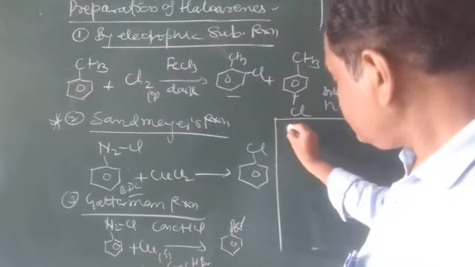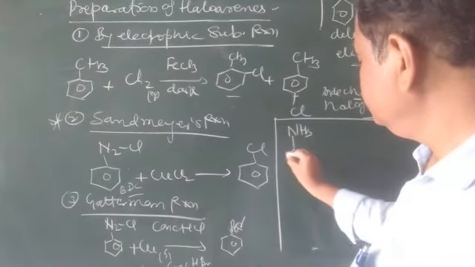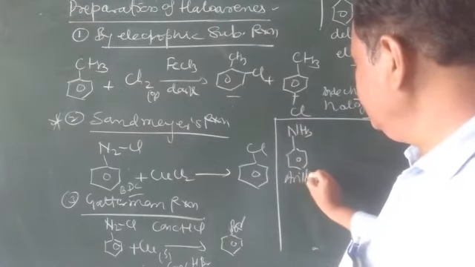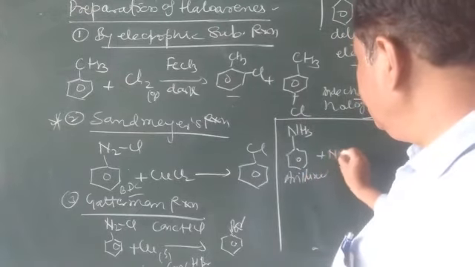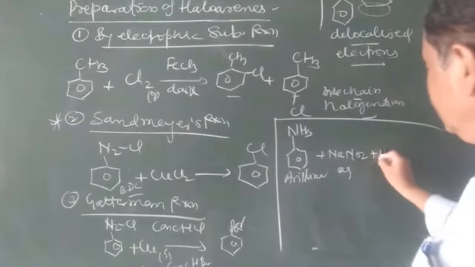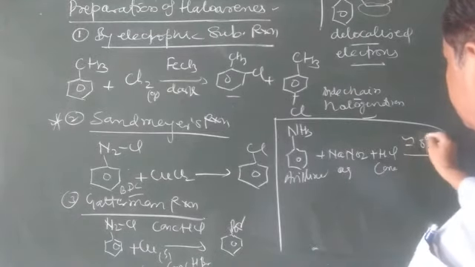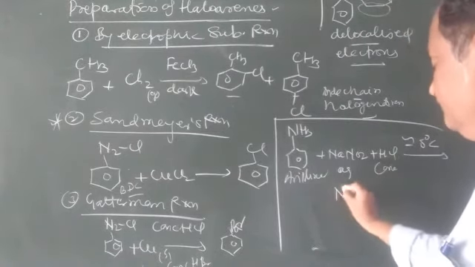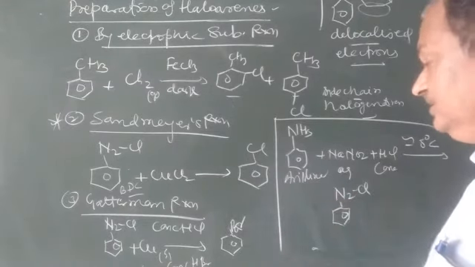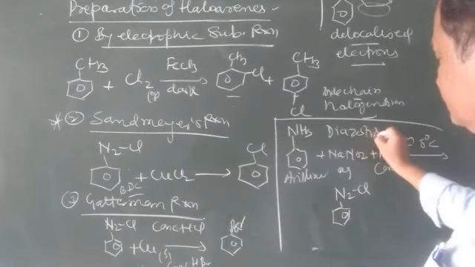For this, aniline is taken with aqueous NaNO2 and concentrated HCl at a temperature of 5 degrees Celsius. Then there is formation of benzene diazonium chloride, N2Cl, and this is called diazotization.